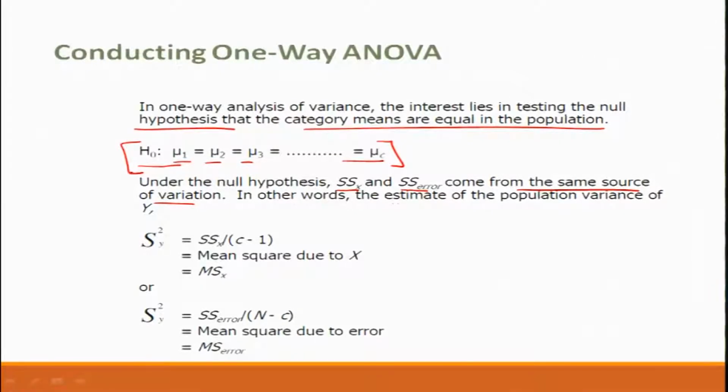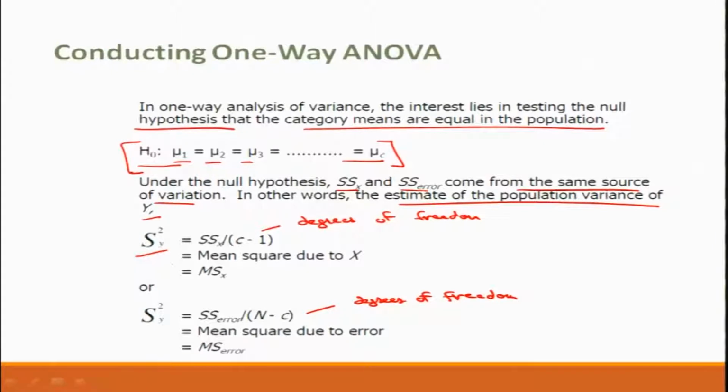In other words, the estimate of population variance of y, this S_Y square, can be calculated as SSX by the degrees of freedom. So, this C minus 1 is the degrees of freedom.